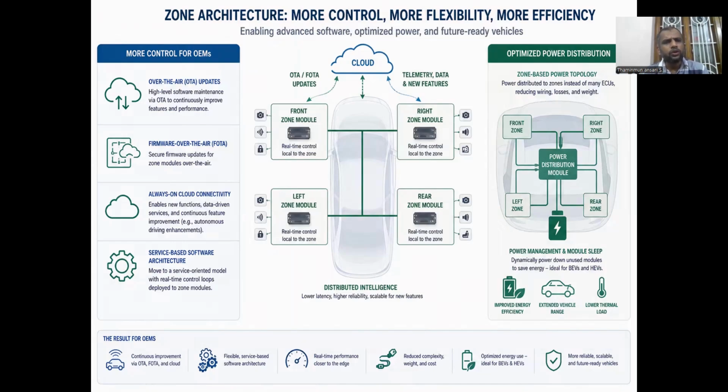Okay, how do we get more control for the OEM? How does the OEM get more control when we go for zonal architecture? Because these zone controllers get their software update and firmware update over the air, meaning they can connect with the cloud and get their update. So the OEM can update their zonal control software as well as their firmware in the cloud.